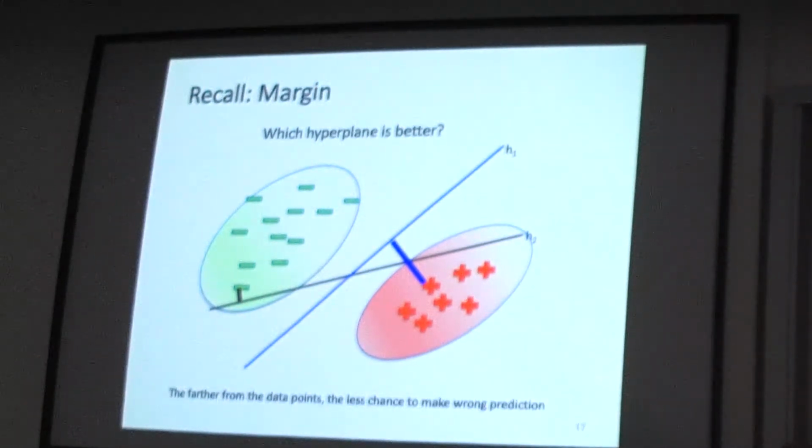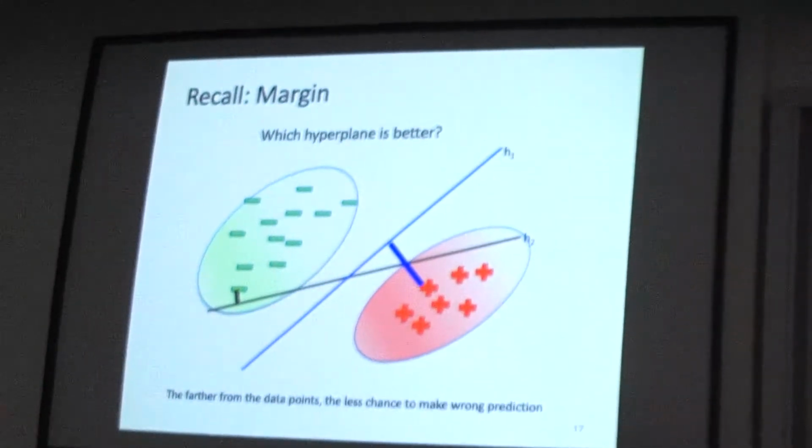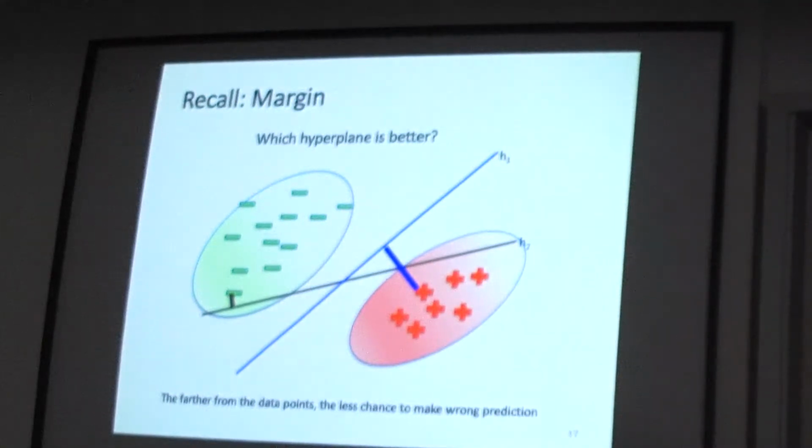Okay. And the chance of these new examples is not low, because these are high density regions, right? On the contrary, if we use H1 to make predictions for future examples, it is very unlikely that you will have a positive example appear on this side.